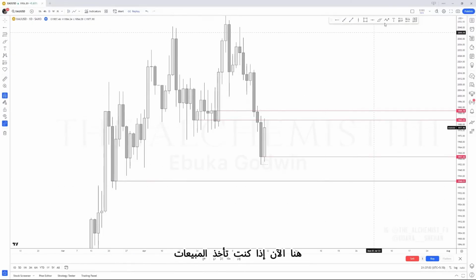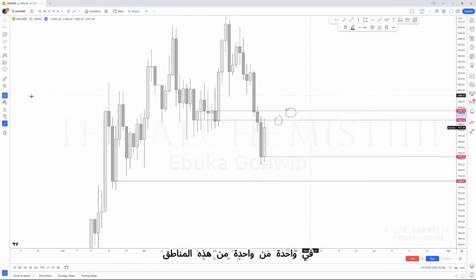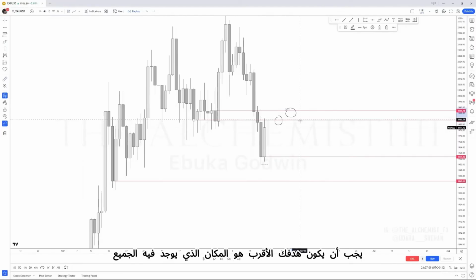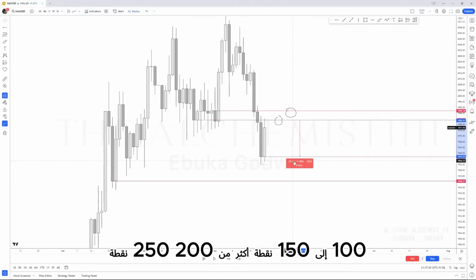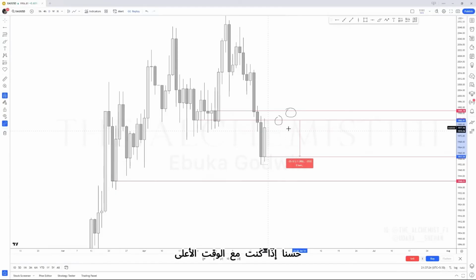Now, if you are taking sells from one of these zones, your closest target should be where? All the way down here. That's a 250 pip target. That's the thing about weekly and daily storylines. You can always have huge targets, not even 100 to 150 pips, more than 200, 250 pips, if you are in line with your higher time frames.